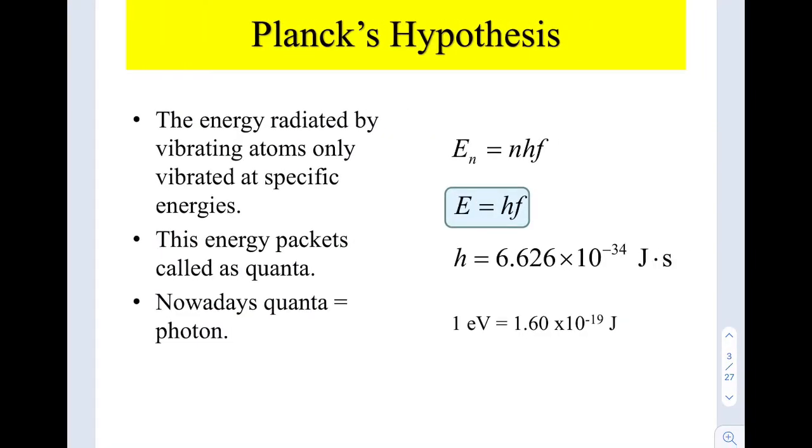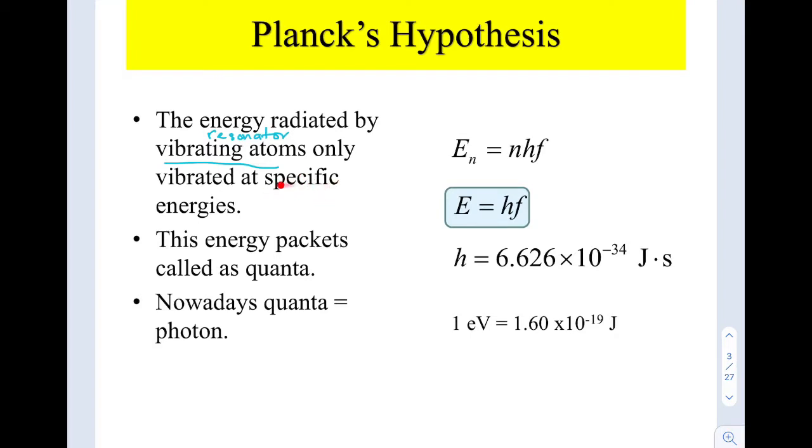This is the most important part, Planck's hypothesis. What's the difference between classical physics and Planck's hypothesis? Planck's hypothesis says that the energy radiated by vibrating atoms is only vibrated at specific energy. These vibrating atoms are also known as resonators, the ones that are going to resonate or vibrate.